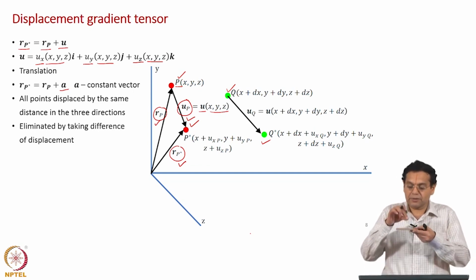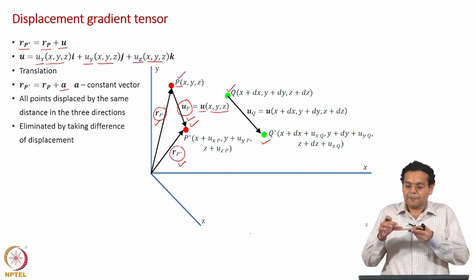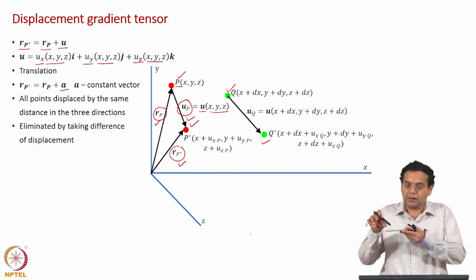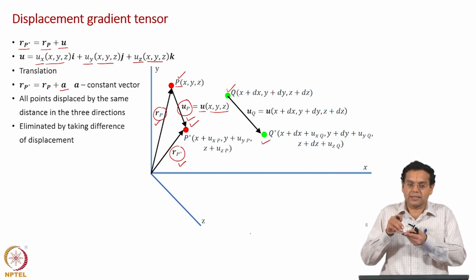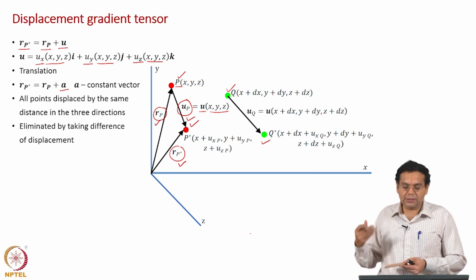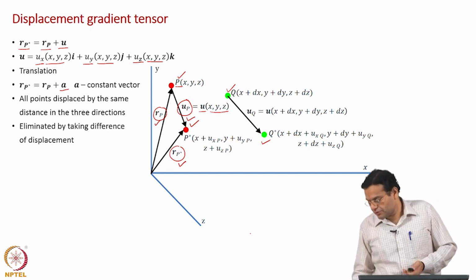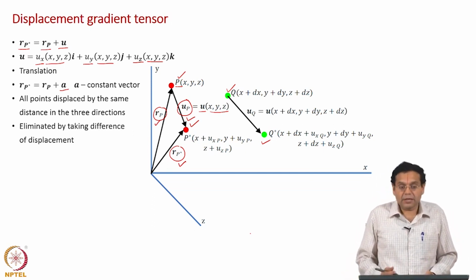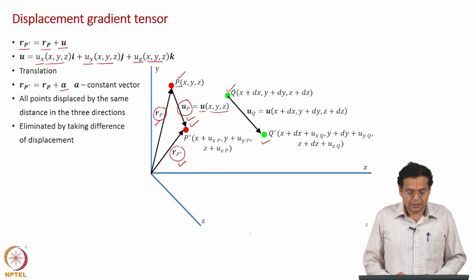If you work in terms of displacement alone of every coordinate, then it can include translation. We want to avoid that. How to avoid it is just by taking the difference in displacement between 2 points on the plate. So throughout the further discussion we will work in terms of difference in displacement.